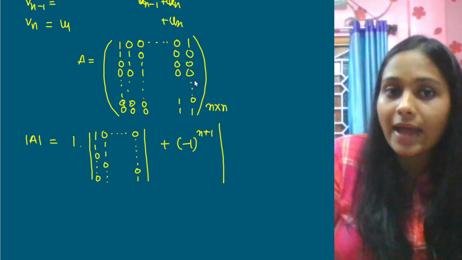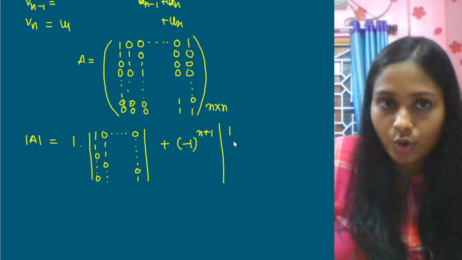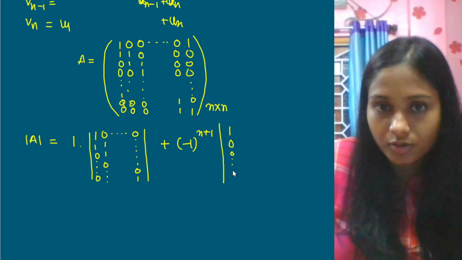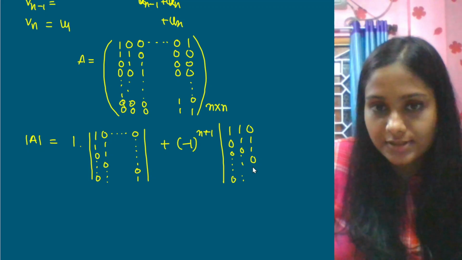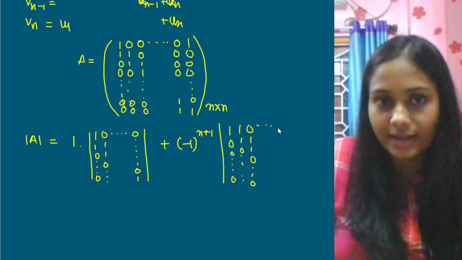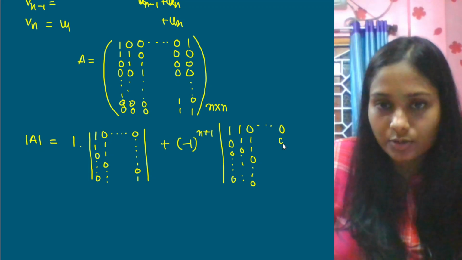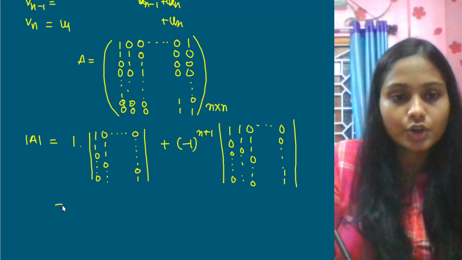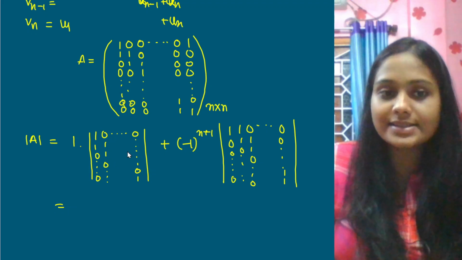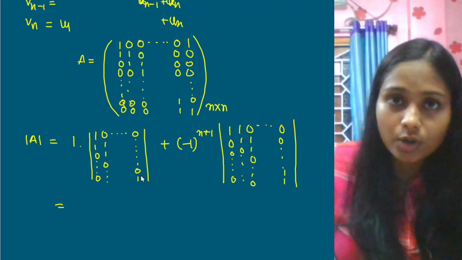If we delete this row and this column, it will be 1, 0, 0, 0, 1, 1, 0, 0, 0, 0, 1, 1, 0, 0, 0, and like this, 0, 0, 0, 1, 1. Clearly this is a lower triangular matrix.